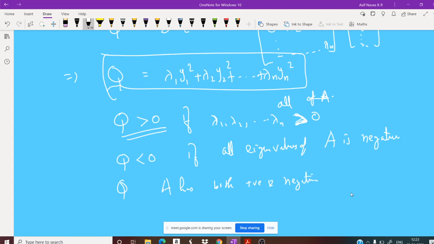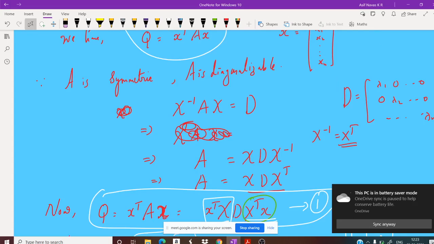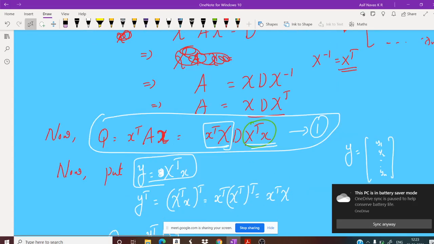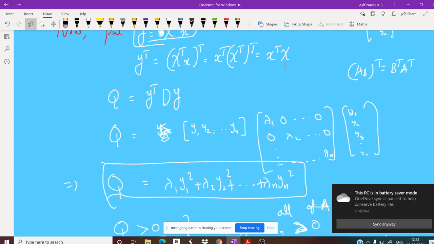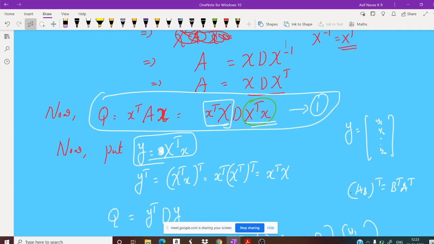Okay, so now our quadratic form changes into the canonical form. By what transformation have we applied? We applied the transformation y equal to X transpose x.